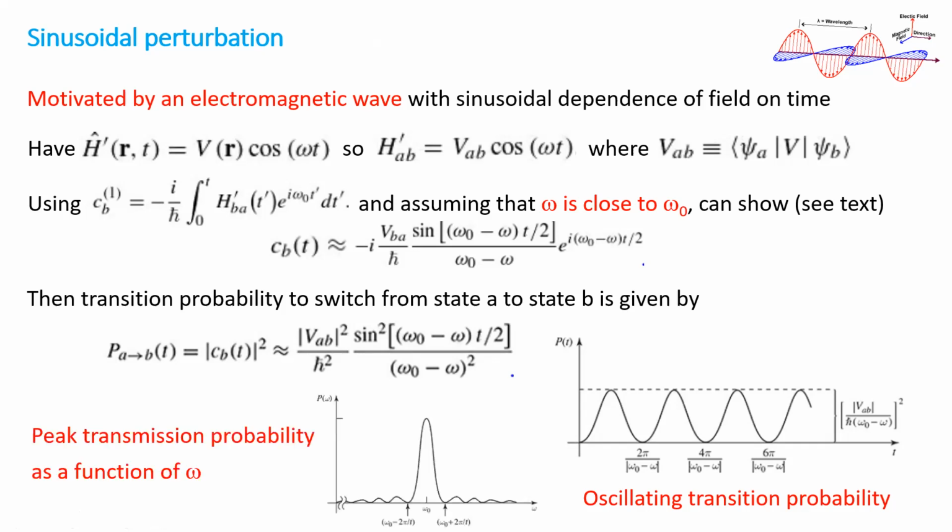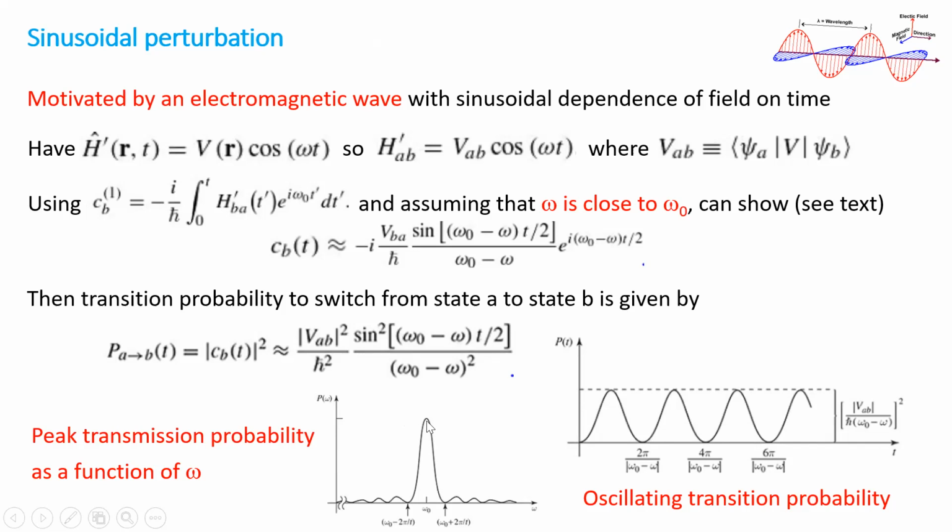And the last thing we can look at is the peak as a function of omega, the driving frequency. So here's omega naught, the angular frequency associated with the transition from state A to state B. So we get the highest probability of transition if omega is equal to omega naught.